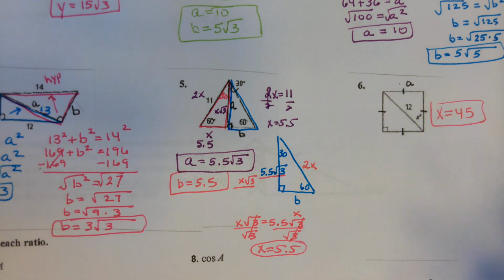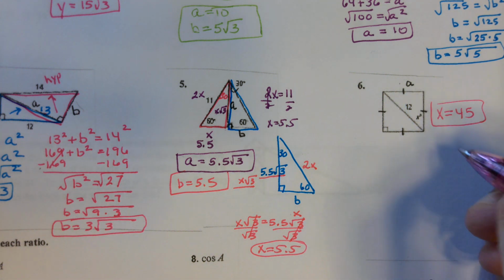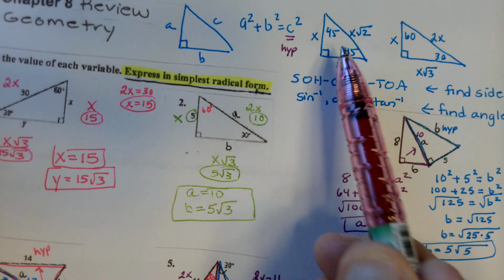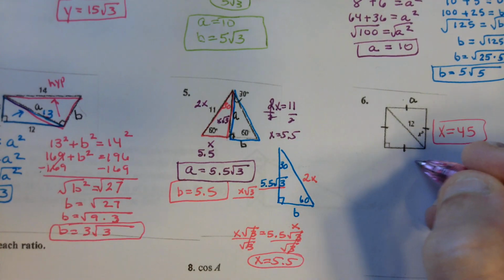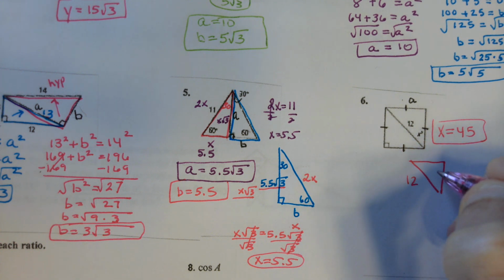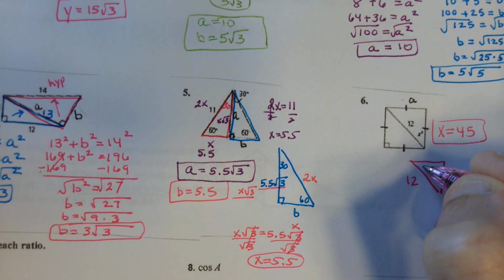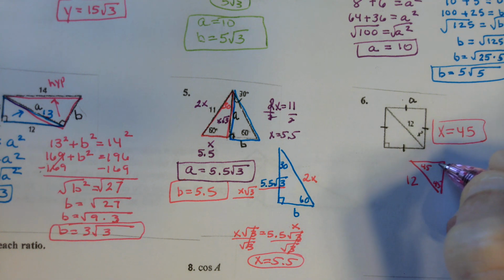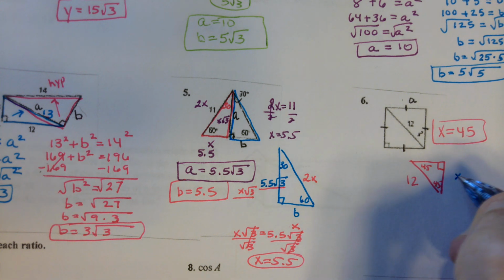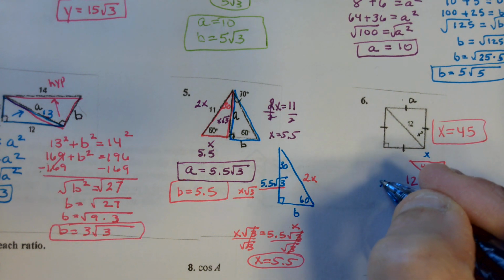So now you got to figure out what each of the sides are. Okay, well, we're ringing the bell, are we not? 45, 45, 90. So if this is 12 and this is 45 and 45, and there's my 90. Remember, this is my x root 2.